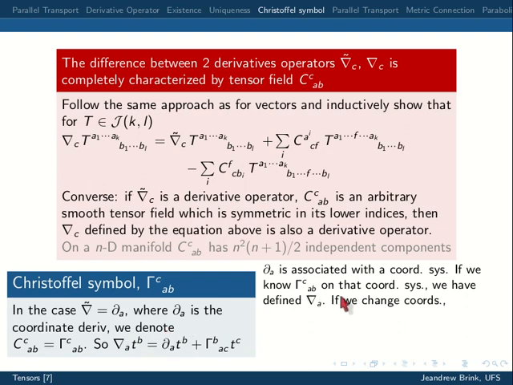If we change coordinates, the ordinary derivative operator is going to change to a new set of coordinates. So for example, if we go from Cartesian coordinates to polar coordinates, the thing with which you're taking derivatives here would be dx dy dz, and here it would be dr d theta d phi.